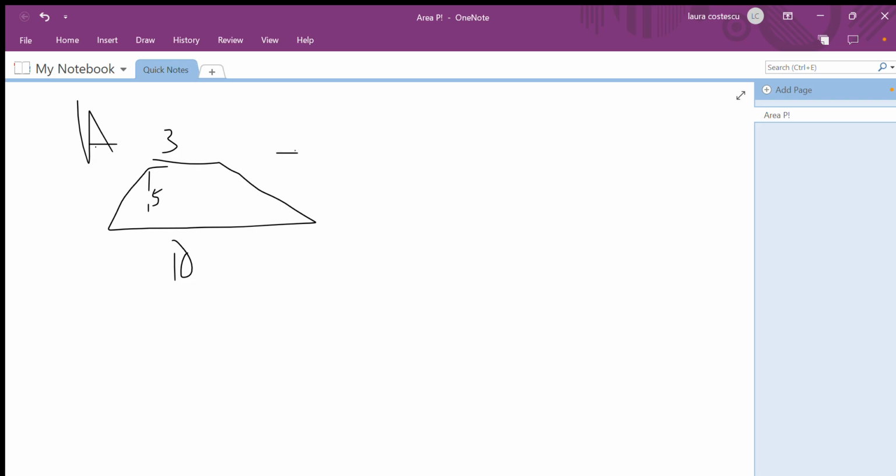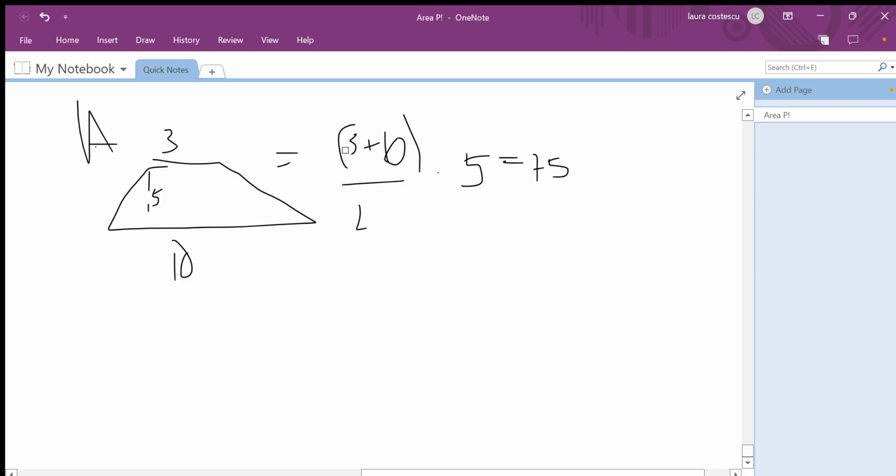How much is this equal to? Well, upside is 3 plus downside is 10 divided by 2 times 5. 3 plus 10 divided by 2 times 5 equals 32.5. Here's 10, so I'm sorry, let me rewrite it 10 because it's horrible.